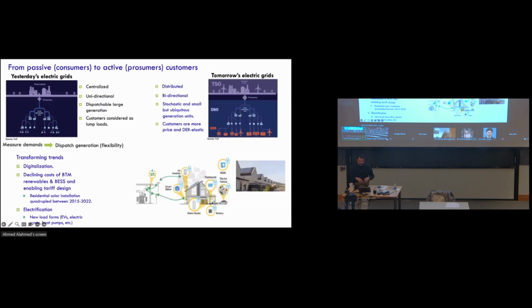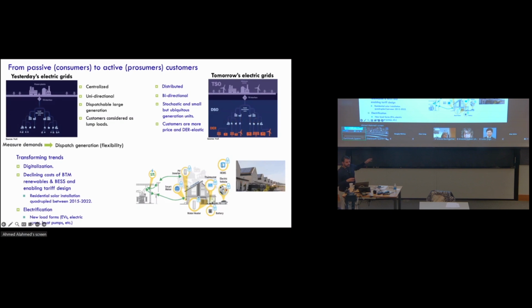All of these trends led to a futuristic outlook of electric grids that are more distributed in terms of generation, and they have a bidirectional power flow. As a customer, you might be buying electricity or selling electricity, because now you can adopt rooftop solar or any behind-the-meter generation resource and sell back to the utility.